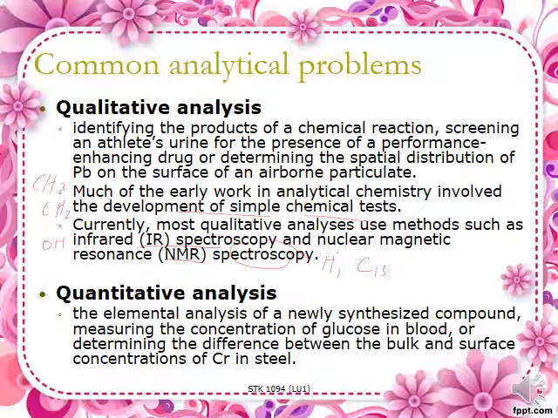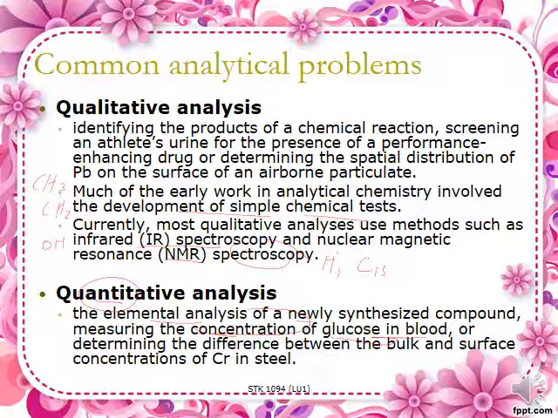Second one is quantitative analysis. We have covered that quantitative involves a value, a number. So examples will include elemental analysis of a newly synthesized compound, measuring the concentration of glucose in blood, especially for diabetic patients.